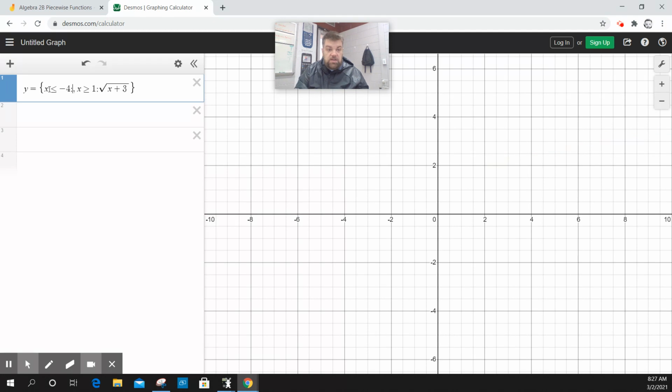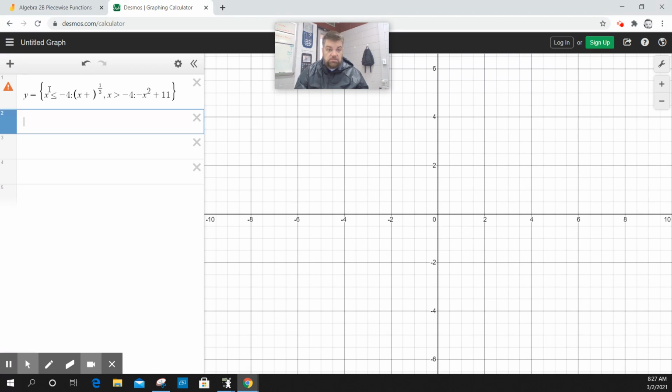So I'm just going to put in parentheses x plus 5, raise that to the 1 divided by 3. And then I have x is greater than -4. And then I have to plug in that part of the function, which is just negative x squared plus 11.